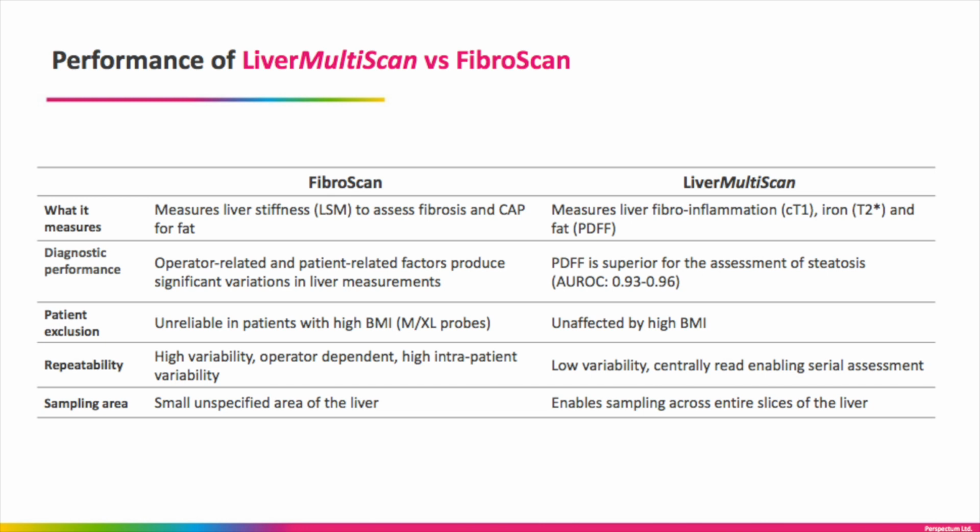In summary, unlike FibroScan's CAP value, PDFF, as the best-in-class PDFF and one of the 3 metrics provided by Perspectum's liver multiscan, excels in measuring hepatic steatosis across entire slices of the liver, and it is unaffected by high BMIs, which are common in NASH populations.